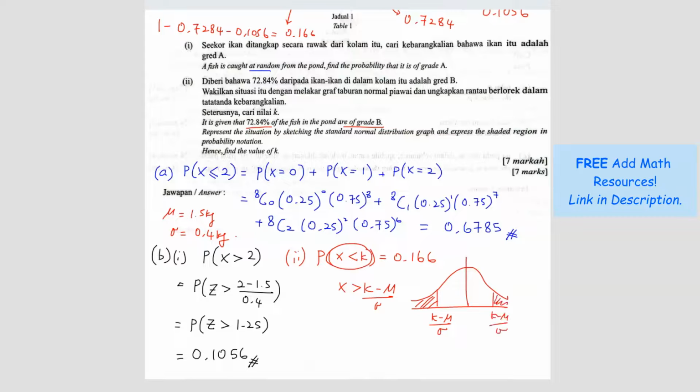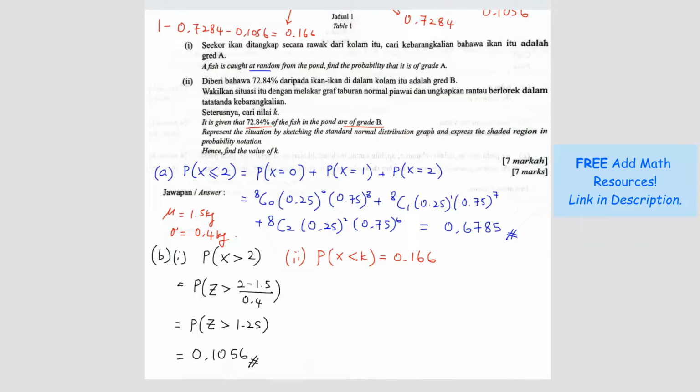The probability on the left and on the right is the same, so you can straight away convert it to more than if you're using the table. If you're using the calculator, you can straight away use this range. Okay, so I'm going to use the table.